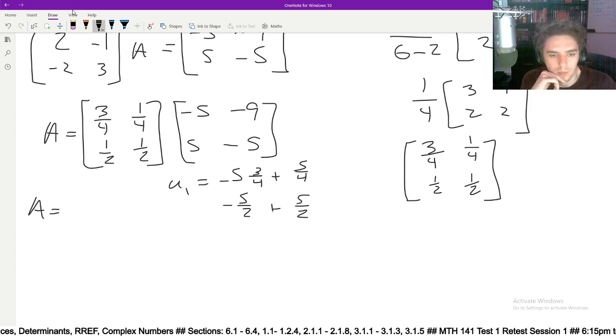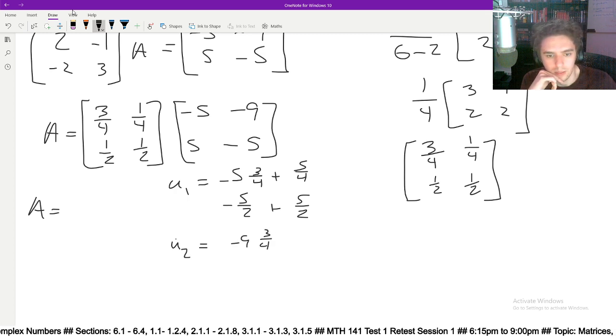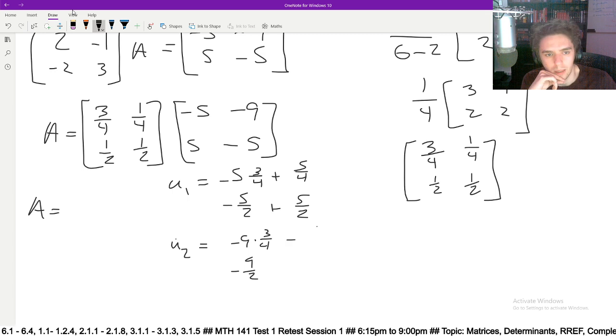That's our first column. Our second column will be minus 9 times 3/4 minus 9/2, minus 5/4 minus 5/2.